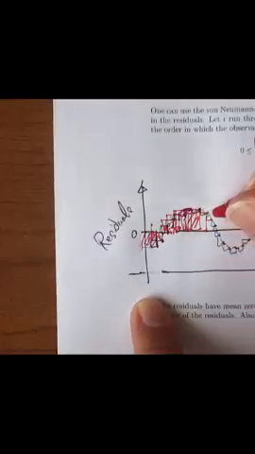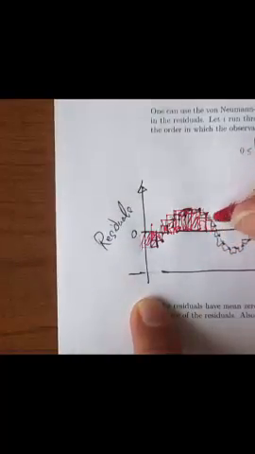And so that sum of squares is going to be larger, at least in this case.